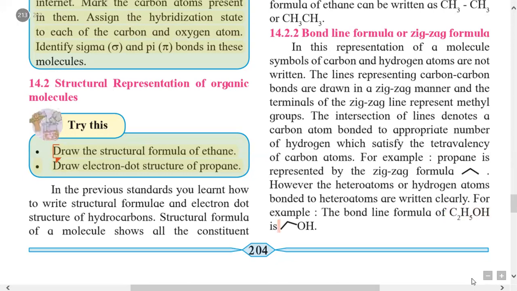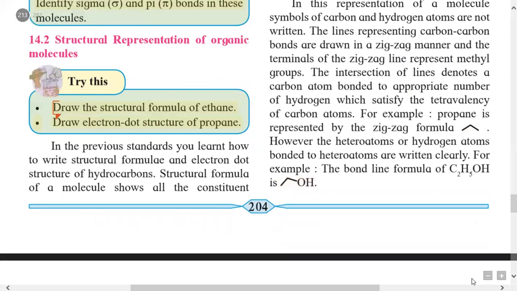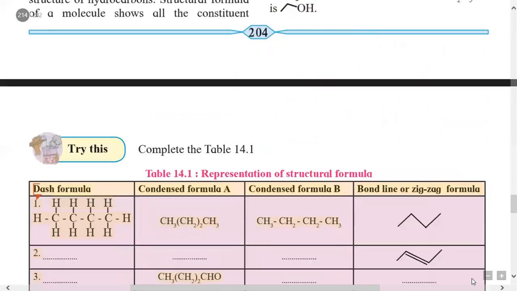The bond line formula can be shown as there are two corners for the line that indicates the two carbon atoms. First carbon CH3, second carbon CH2, and CH2 is bonded to OH. So it is CH3CH2OH, and it is C2H5OH, that is ethyl alcohol. So this is the bond line formula for ethyl alcohol.